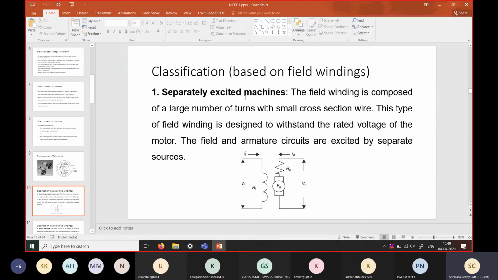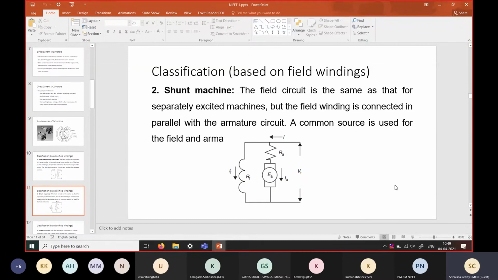When the construction is like this, it is called a separately excited machine. It means the field is excited separately, and the armature is excited separately from different sources.